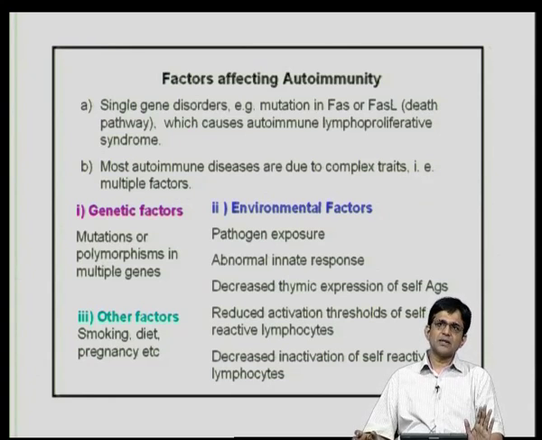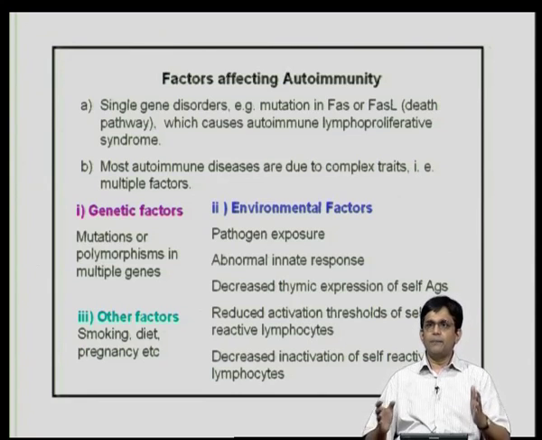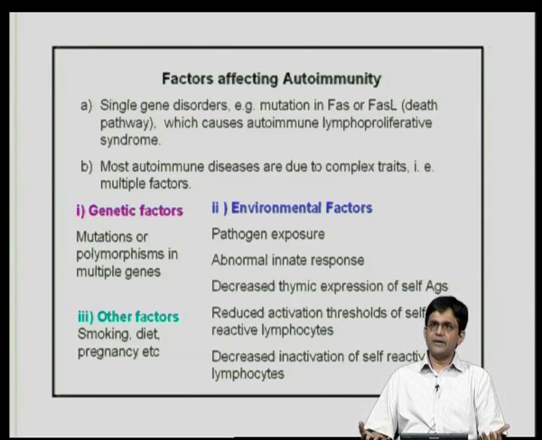And this aspect was covered very well in our course on T cell differentiation selection. Over here, if there is a mutation in the death receptor like the FAS receptor or the FAS ligand, it results in what is known as the autoimmune lymphoproliferative syndrome.